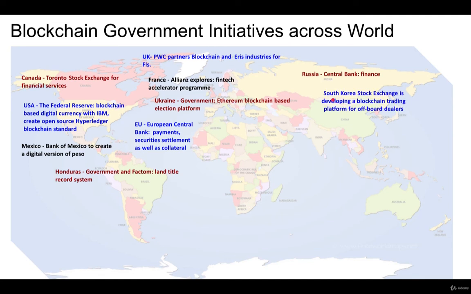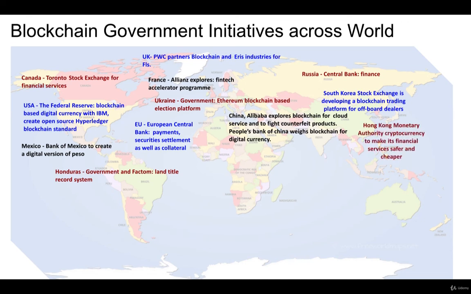In South Korea, the stock exchange is developing a blockchain trading platform for off-board dealers. Then in China, Alibaba is exploring blockchain for cloud service and fighting counterfeit products. People's Bank of China is weighing blockchain for digital currency. In Hong Kong, the Monetary Authority is working on crypto to make its financial services safer and cheaper.